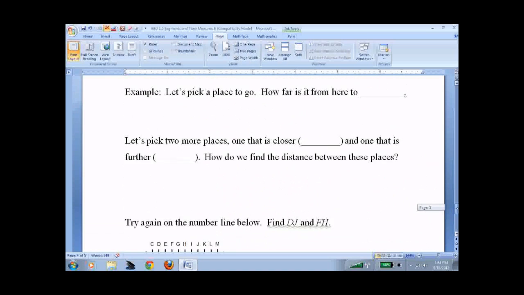Moving on. So let's pick a place to go. We're in Chicago. We go to a place I enjoy going to in the summer, Cedar Point. About a 5-hour trip at 60 miles an hour. We could guess that this is 300 miles, or we could just do 0, 300.